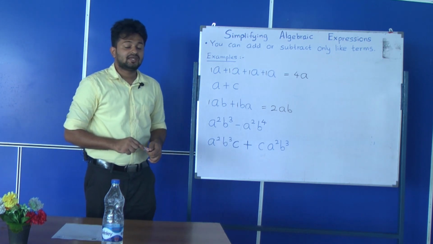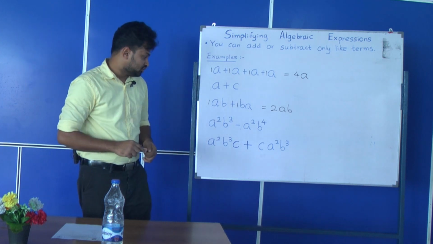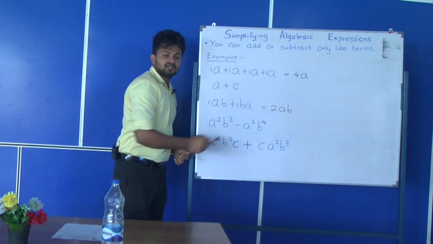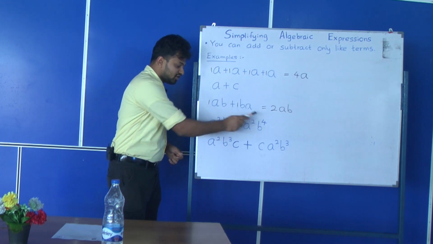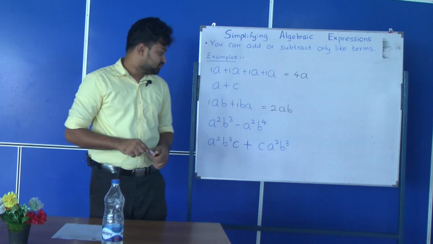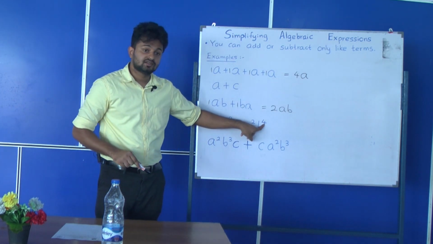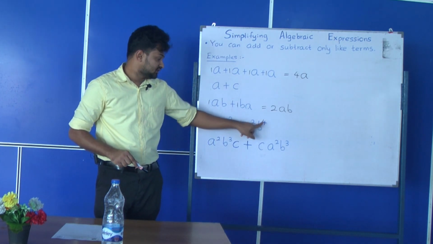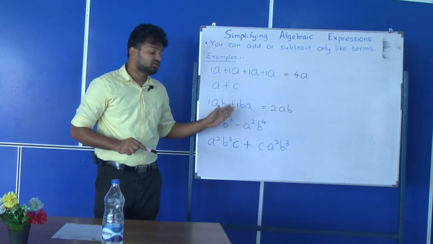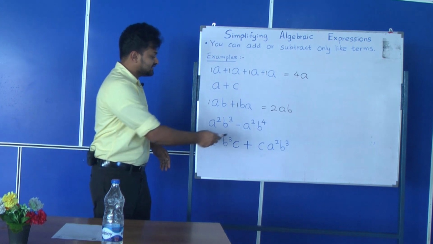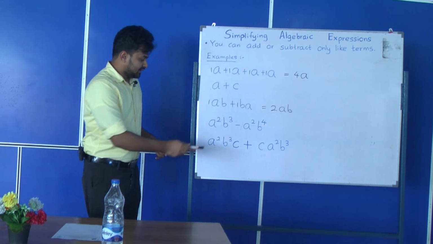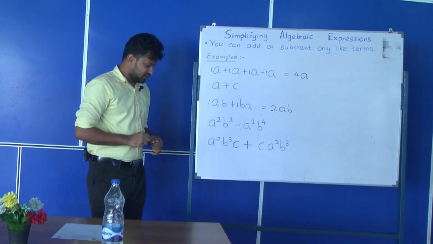But we cannot take these as like terms now, because this is different from that because of the power. If this was 3, then we could take both as like terms, but because that power is different, you cannot take these as like terms, therefore you can't add them. So that is the simplified answer. You can't simplify anymore.